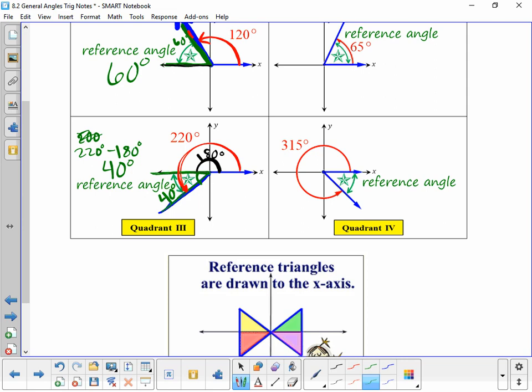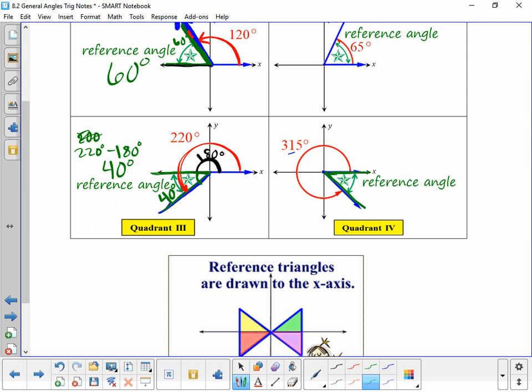Let's look at one in quadrant 4. If my angle has its terminal side in quadrant 4, like this example, 315 degrees, we've rotated lots. So the reference angle is going to be the angle between the terminal side of my angle, 315 degrees, and the x-axis that is the closest. So the reference angle is this one shown in green.